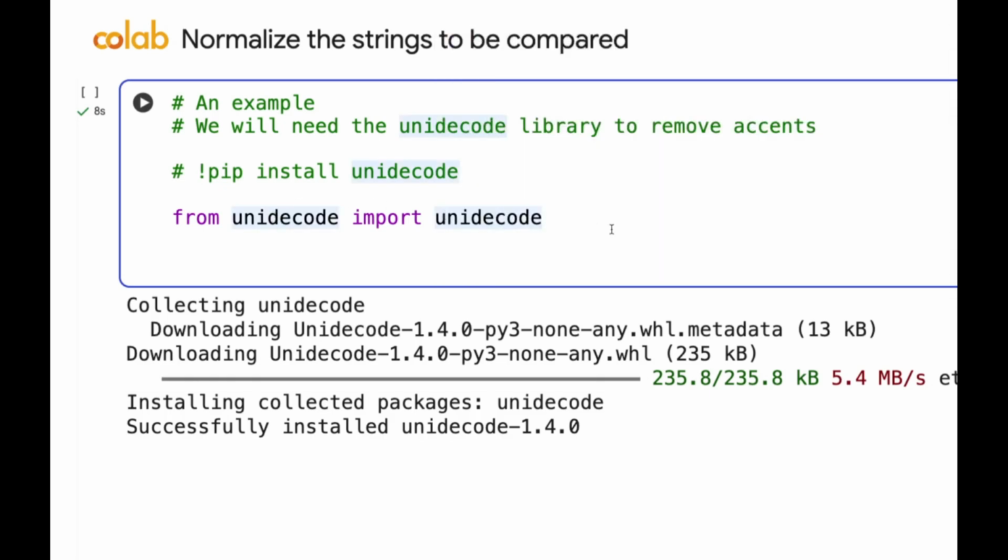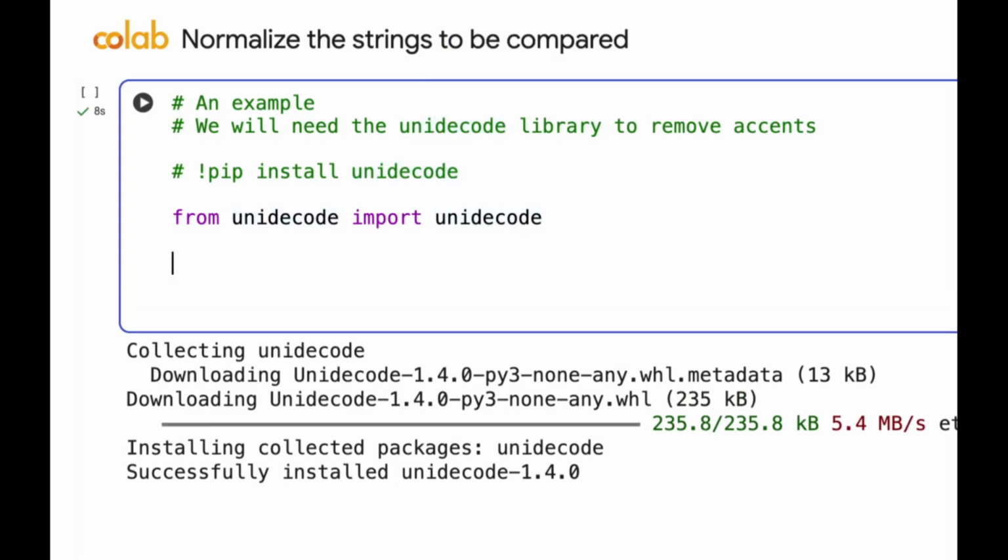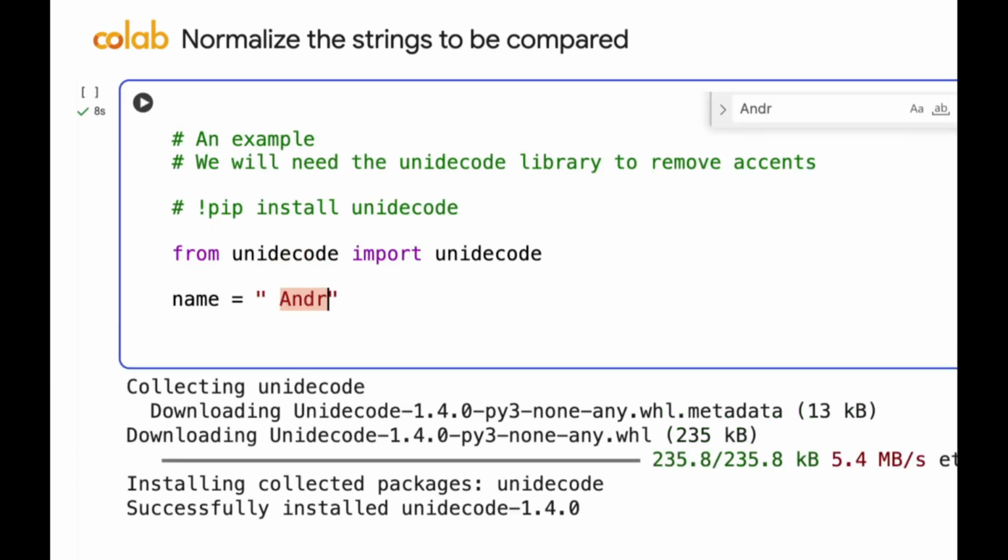All right, so let me comment this out, and then we're going to define a name. Let's say name equal to something like André, but let me see how we can type this. It's a bit difficult, I need to find a way to type the accent.